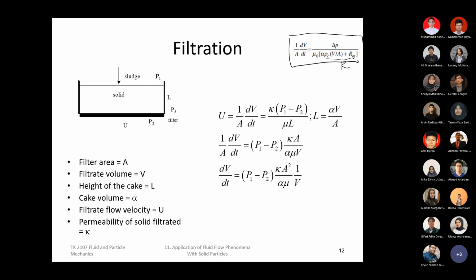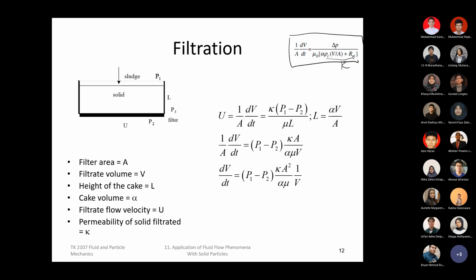Filtration can mainly be operated in different settings. You either want to keep the same filtration rate, the same production rate, constant dV per dt, or you want to hold constant delta P.